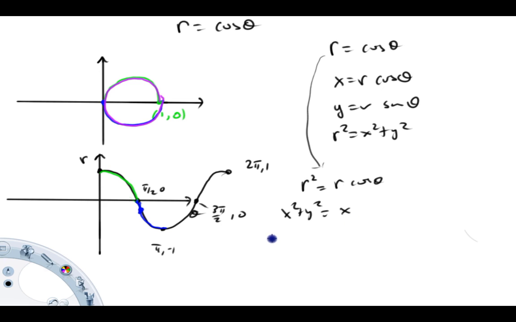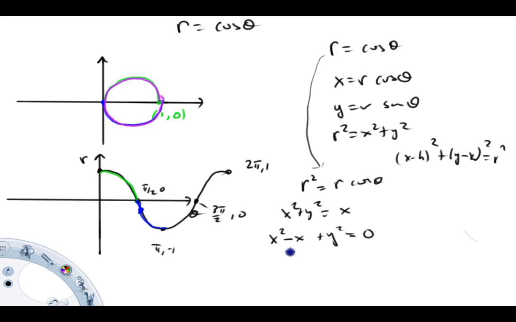This now we can move to the left. And you'll notice that this equation is starting to look like the equation for a circle. Now, the equation for a circle in standard form is (x minus h) squared plus (y minus k) squared equals r squared. We can make this look like this by completing the square on this x term here.